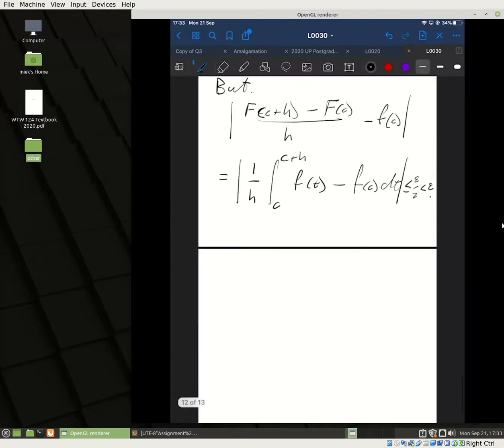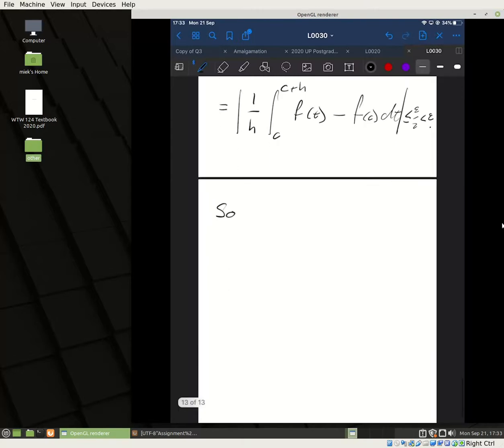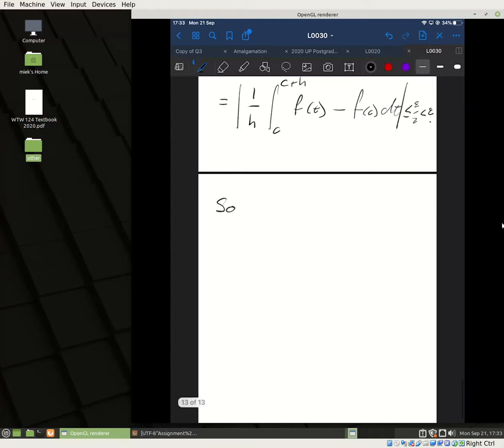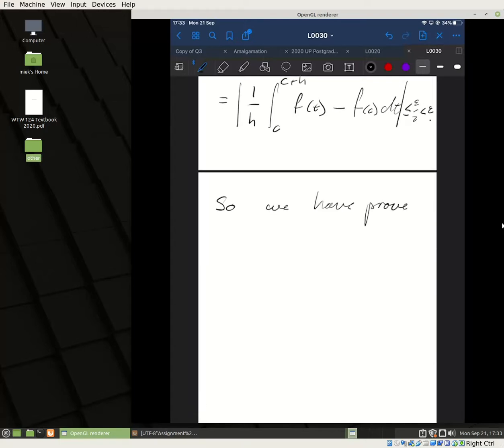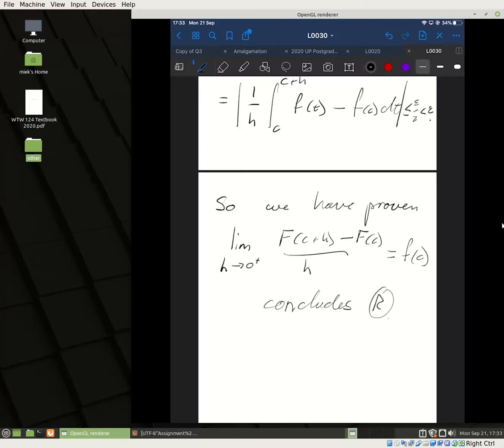So we have proven that the right limit as h goes to 0 of f of c plus h minus f of c over h is equal to little f of c. And this concludes statement R that we wanted to prove.